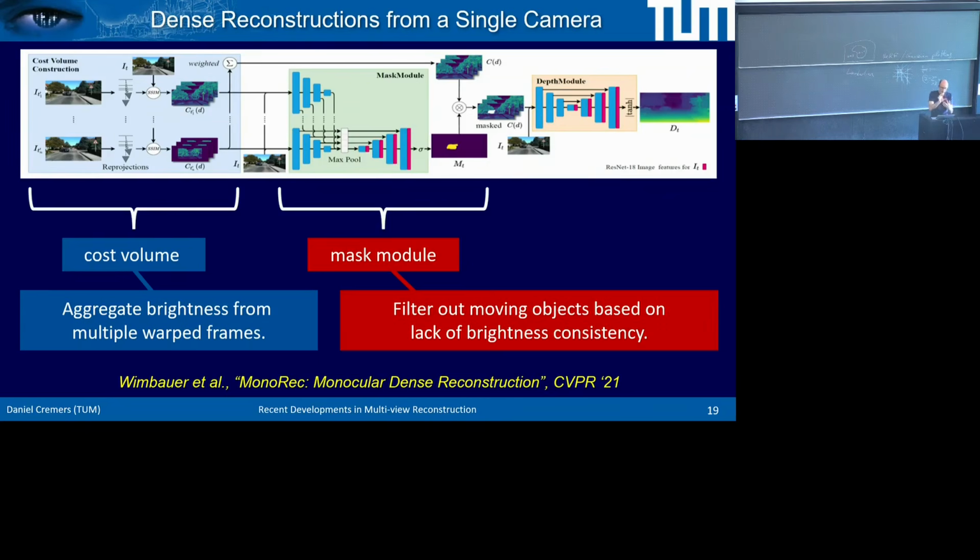So I can warp all the images based on the camera motion, and then the brightnesses should coincide. If they don't, then possibly the object moved, and we can feed that into a mask module that identifies the areas of moving objects, and these are filtered out of the reconstruction. And then we get the ultimate depths module that predicts depths only for the static world and not for the moving world.